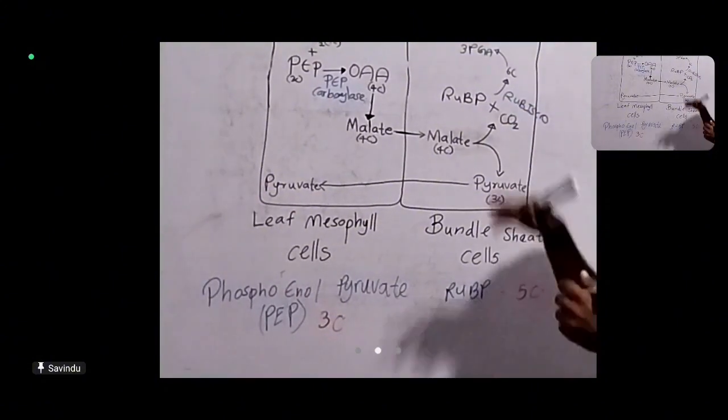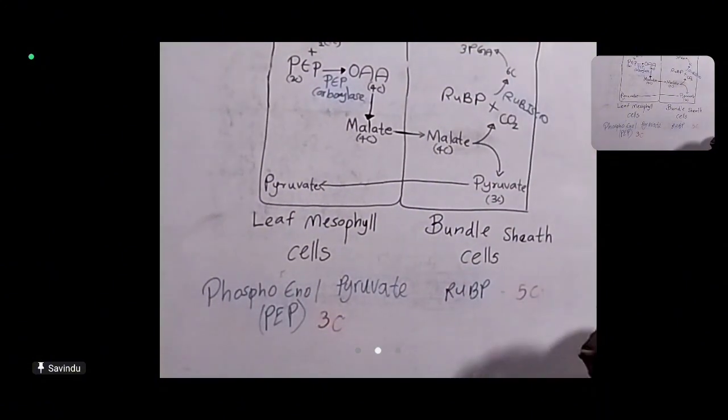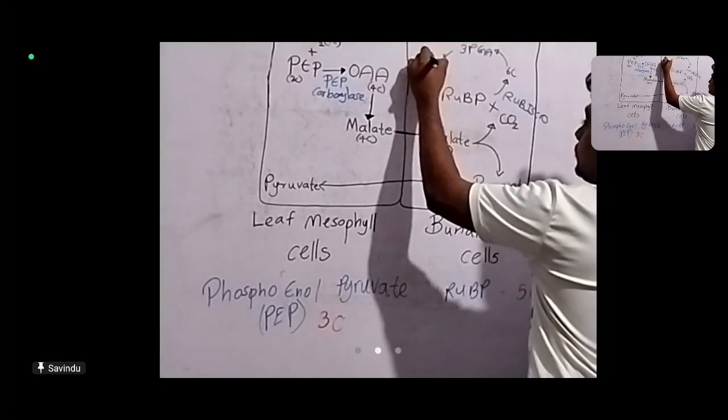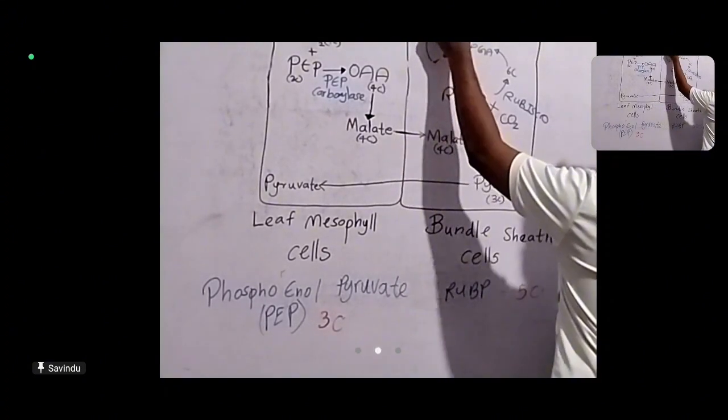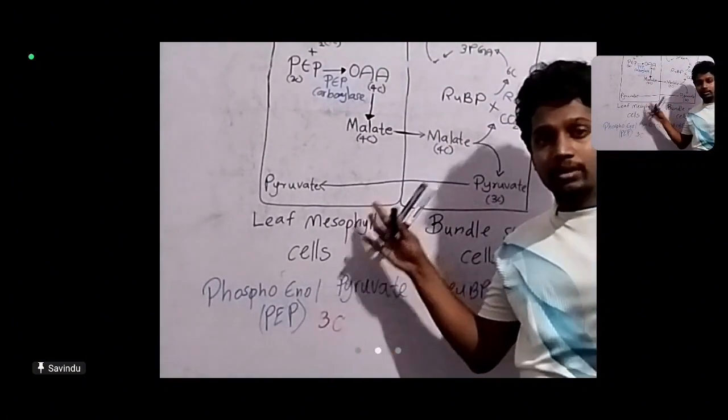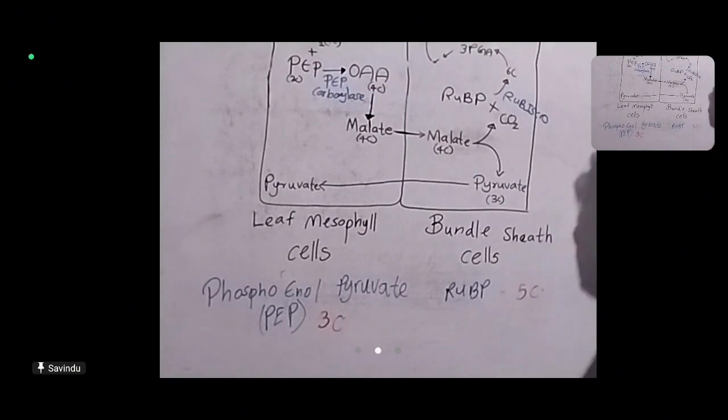And then the Calvin cycle occurs, and then forms sugar. Later forms sugar, I'll tell.